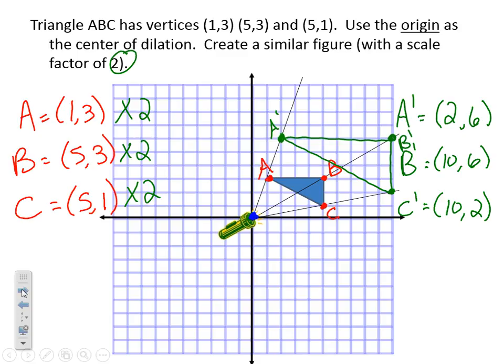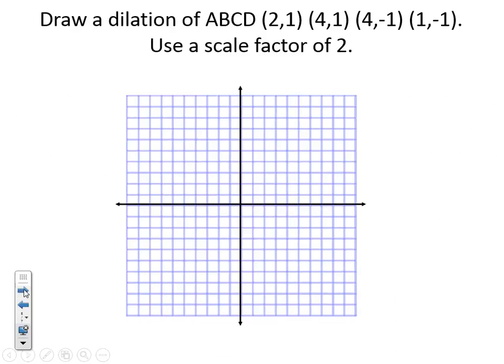We're going to move on to example number 2. Remember, don't forget to push pause if you need to. Here's example number 2. We have a dilation of A, B, C, D. I'm going to put these down for us. So A is 2, 1. B is 4, 1.